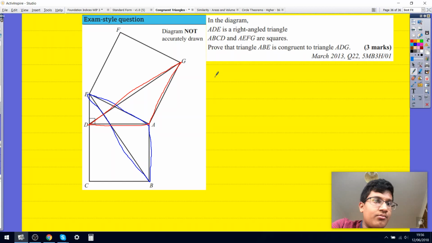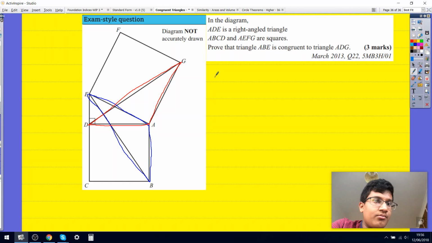Okay, so these third sides. Angle, side, right angle, hypotenuse. They're not both. No. I'm not sure how to get the third side here.